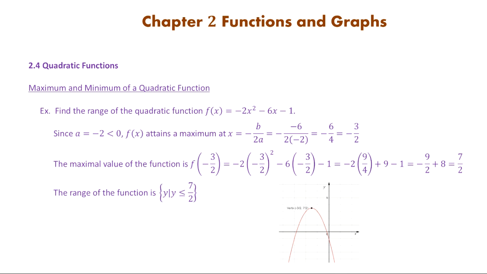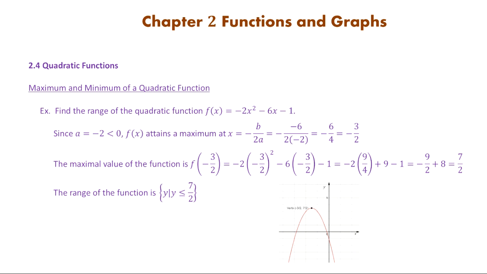Okay, so let's just do an example, find the range of the quadratic function. So this is actually a question asking about the maximum or minimum. When you have a question about the range of a quadratic function, it's basically asking you for the maximum or minimum.